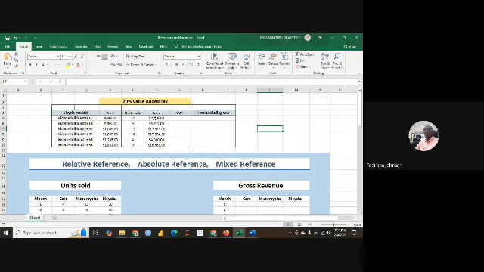If you double click on this total, you're going to find that cell E5 is multiplied by cell F5. That is price multiplied by units sold. As you go downward, you will find that the formula is the same all through to the last cell here.